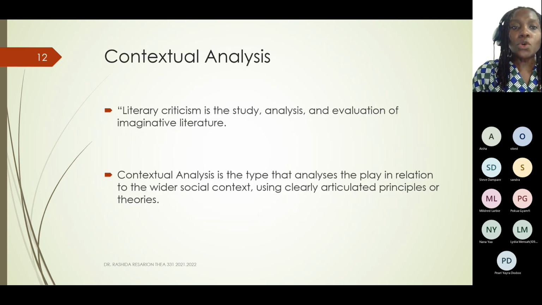Okay. And so when you look at the two, you have contextual analysis and the formalist analysis. Whereas the first one looks at the play as a means to discuss something else, or looking at the meaning of the play in relation to a certain context, like the biography of the playwright, or a philosophical dilemma, or a certain key issue, or even a psychological issue.